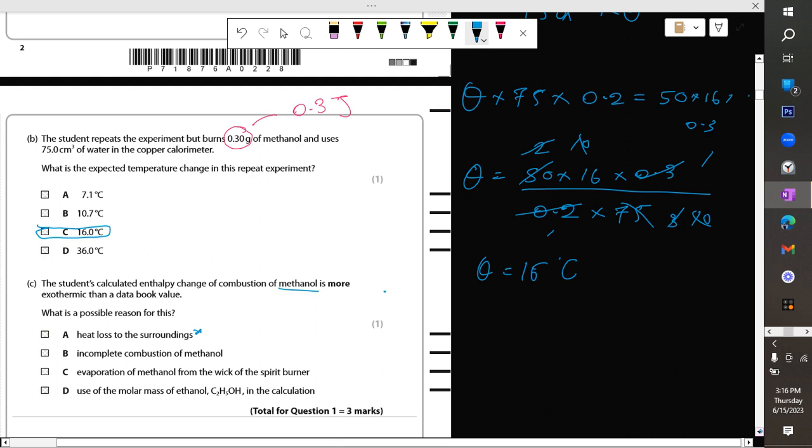So it would be a very small value, even though there is excess evaporation of methanol.